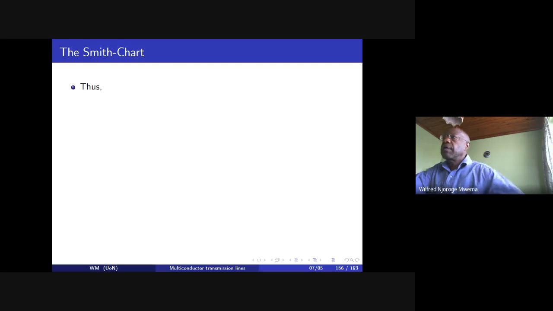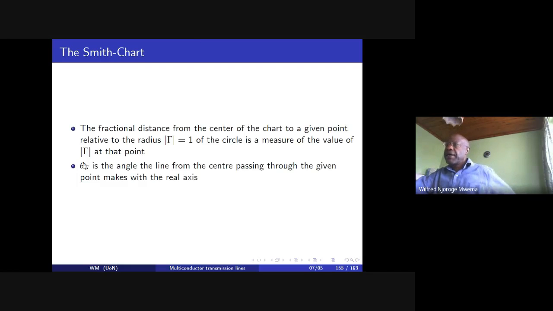So the theta gamma, the angle of the reflection coefficient, will therefore be the angle that the line you draw from the center of the chart, passing through the point you are dealing with, makes with the positive real axis.